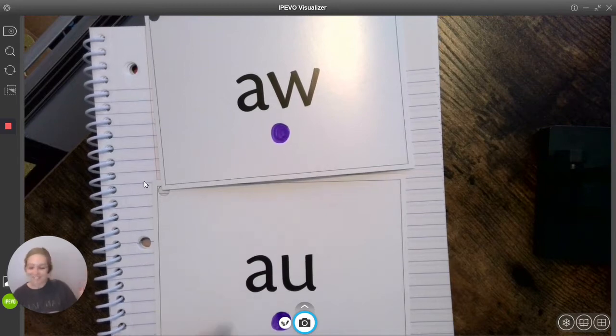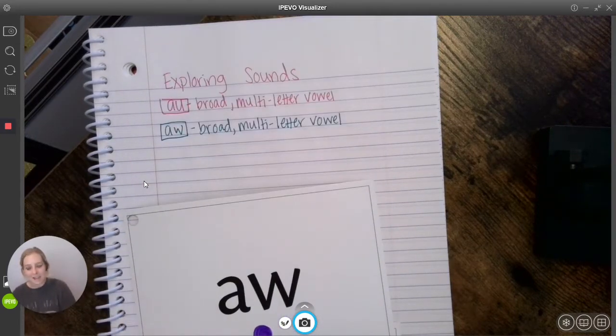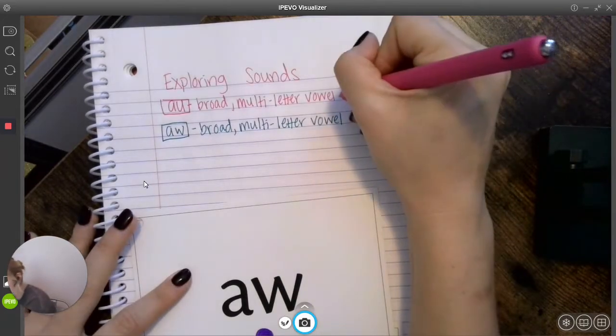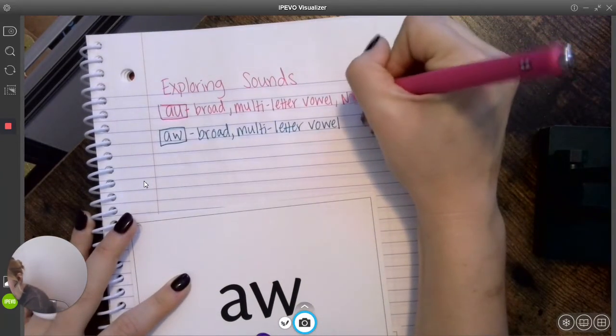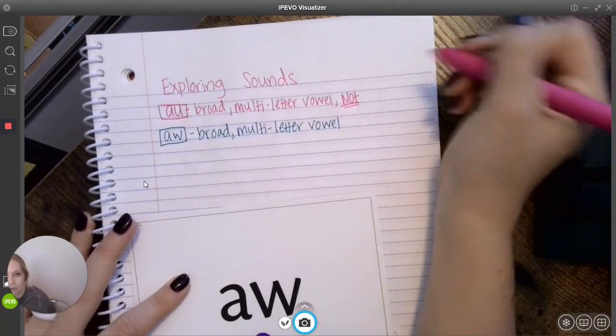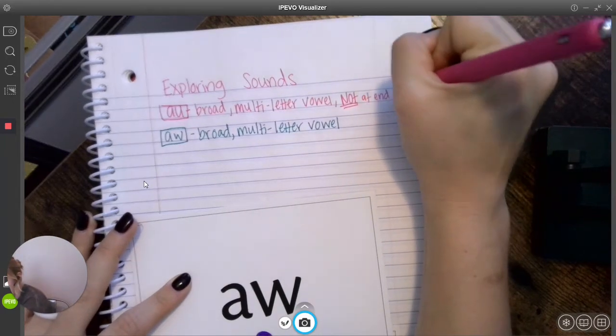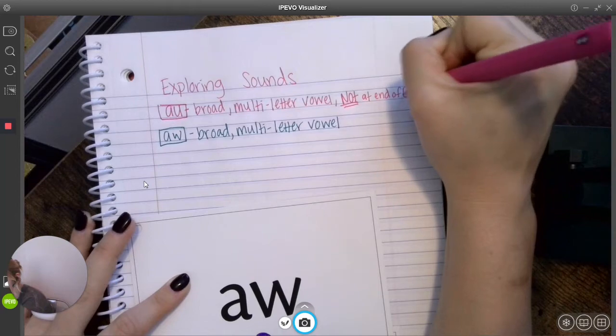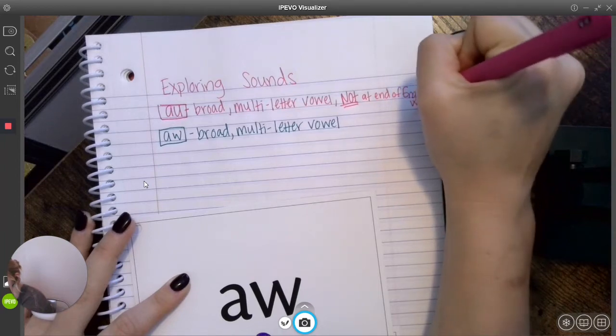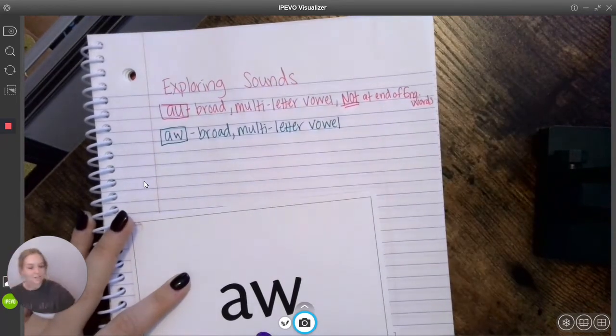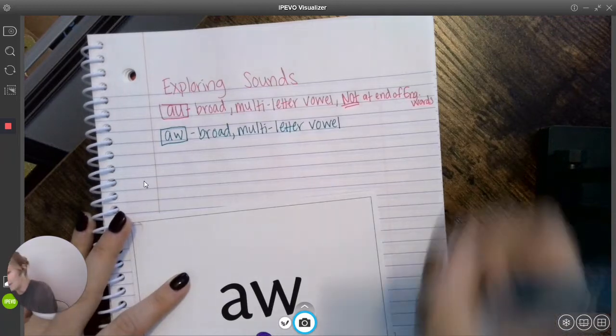Keep that in mind. We're going to add that to our notes. Not at end of English words. Ran out of space a little bit. That's okay.